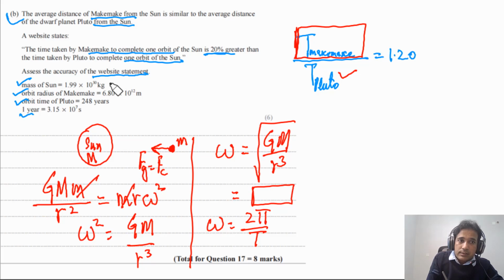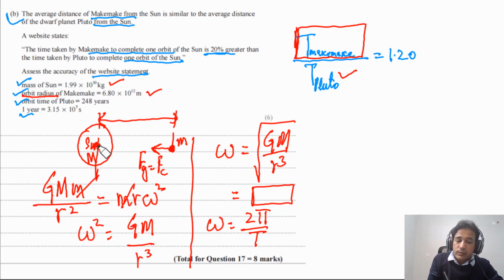In this case, the mass is in kg and the radius is in meters, so we can directly use them. But you have to be clear about this one. This has to be the orbital radius, meaning the distance from the center of the sun to the center of the planet. Orbital radius must be given to you.